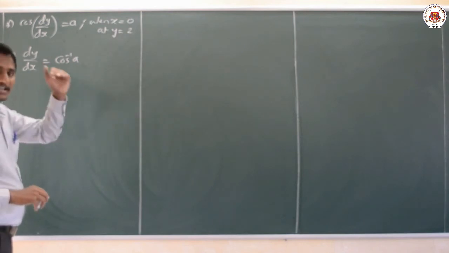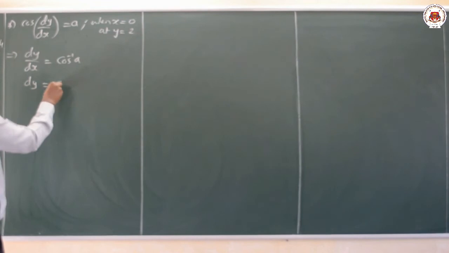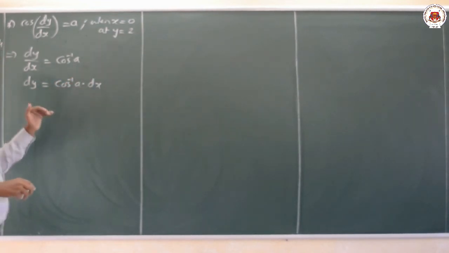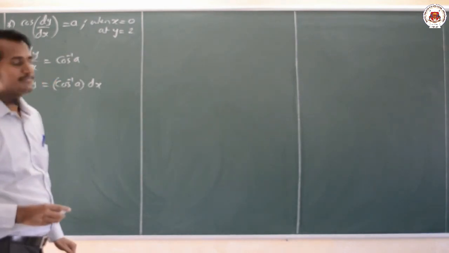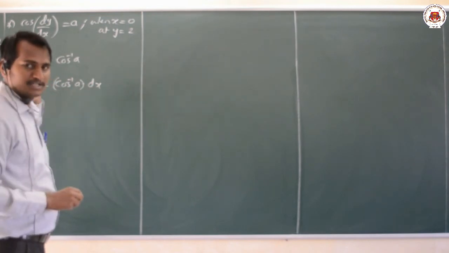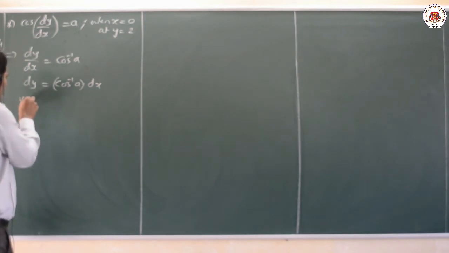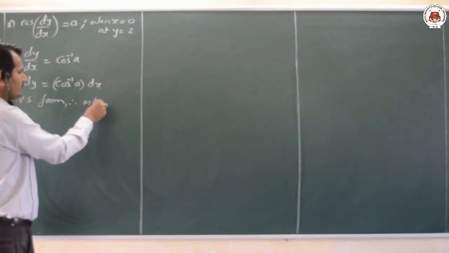Since a is a constant, we will have dy is equal to cos inverse of a into dx. Now we can easily observe that it is nothing but our variable separable form. Variable separable means all the dy at one side and dx at the other side. Now that it is in variable separable form, therefore integrate.